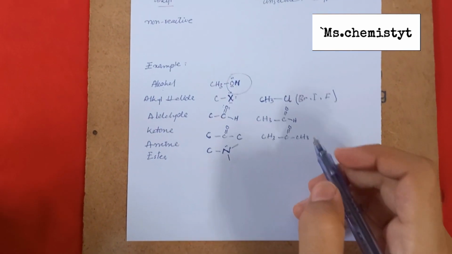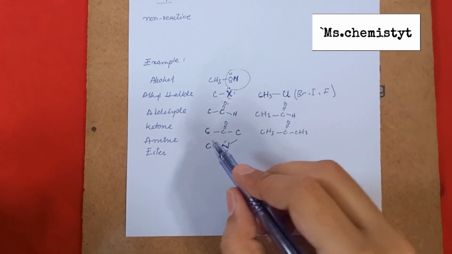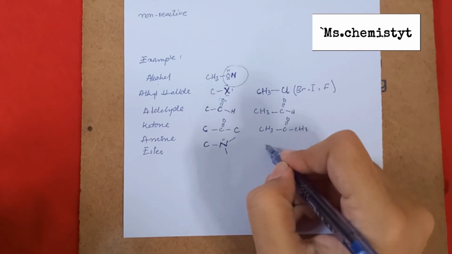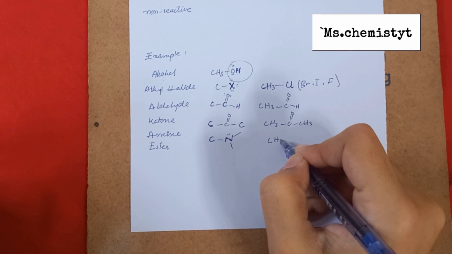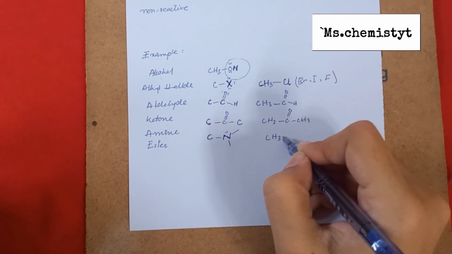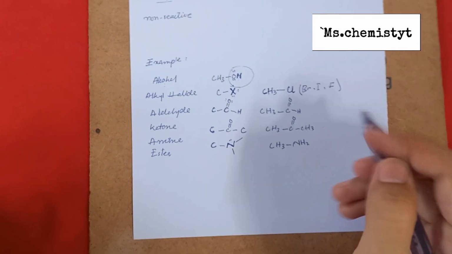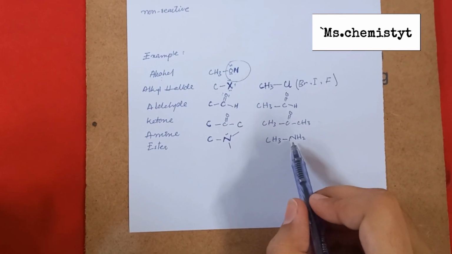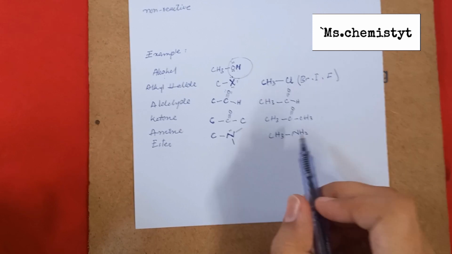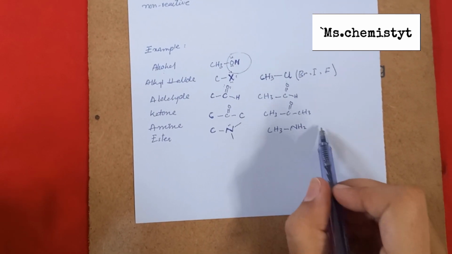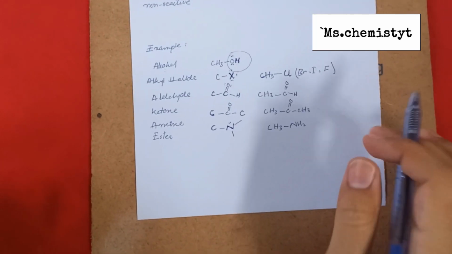If I write the example for the amine group here, that will be CH3NH2. It is called aminomethane, or the common name for aminomethane is methylamine.